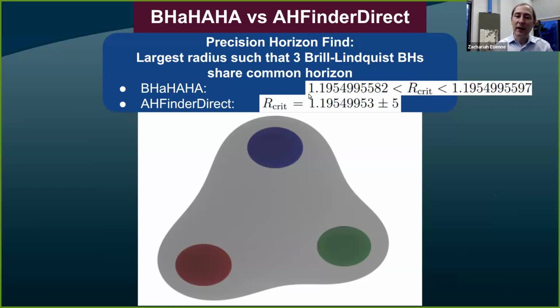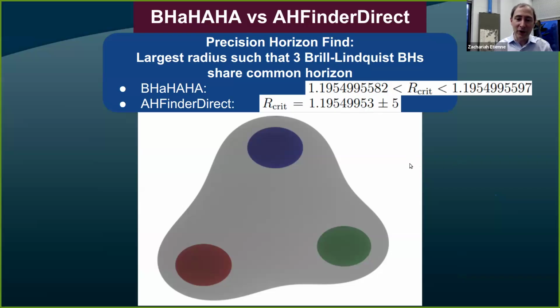And the radius 1.19 blah blah blah 82, it was not able to find a common horizon. So HFinder Direct was run, of course, with much slower machines back then, and Thornburg reports this. So you can see we're agreeing with the state-of-the-art trusted value in the literature to 1, 2, 3, 4, 5, 6, 7, about 8 significant digits, 7 plus significant digits.